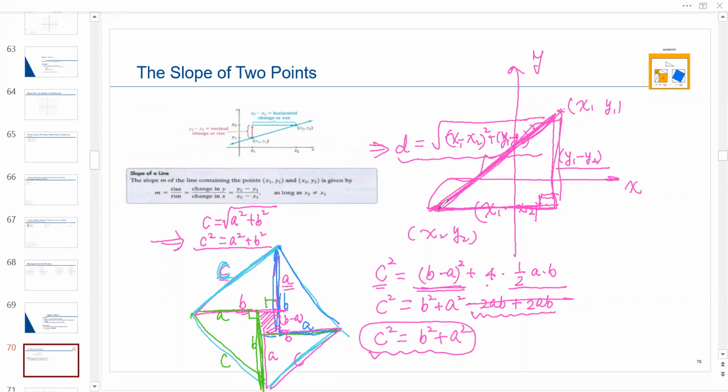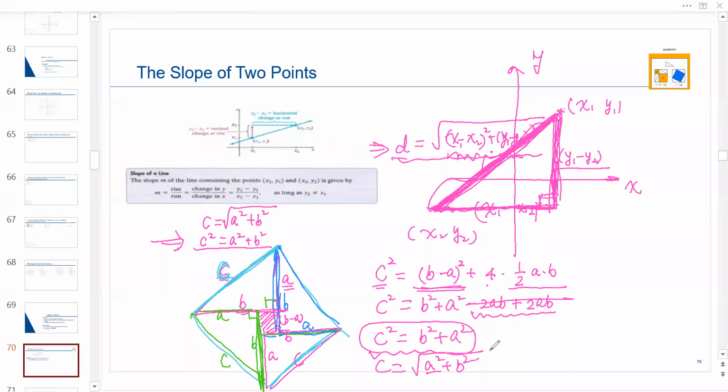So when you know this side and this side, we can get this side. The distance equals the square root of this square plus this square. That's why C equals the square root of A square plus B square. So A is x1 minus x2, B is y1 minus y2, and you got this. This is a quick way.